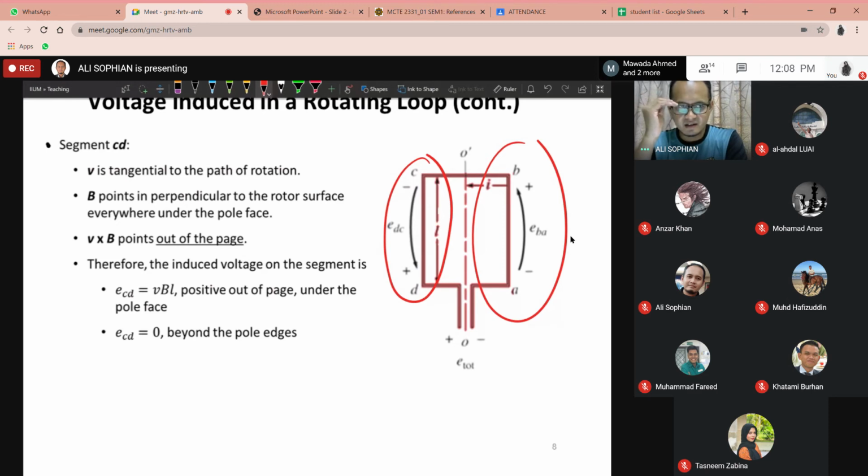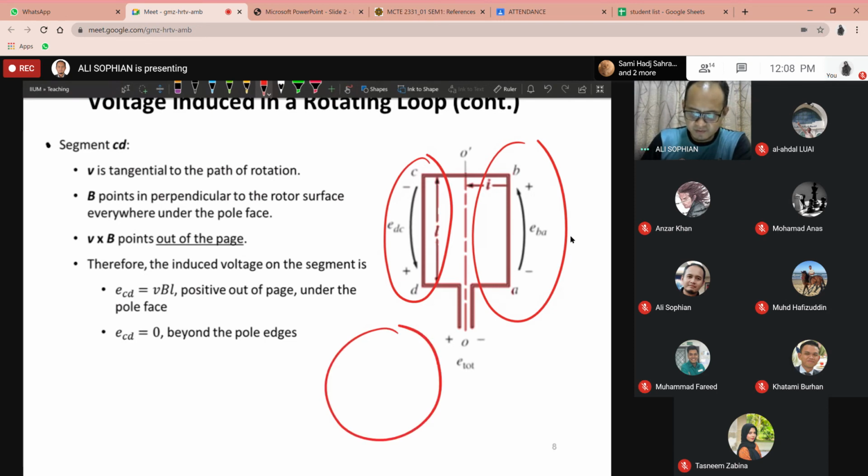For example, if you remember, for segment AB, the B was pointing this way. But for segment CD, which is on the opposite position diametrically, the B is into.